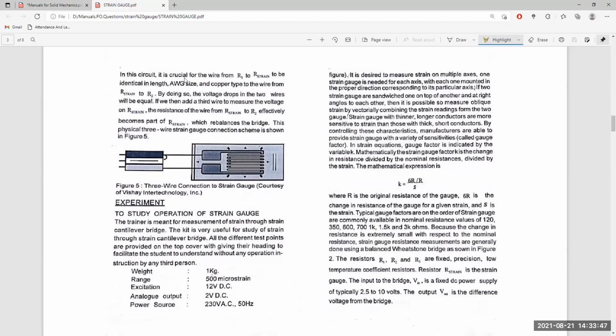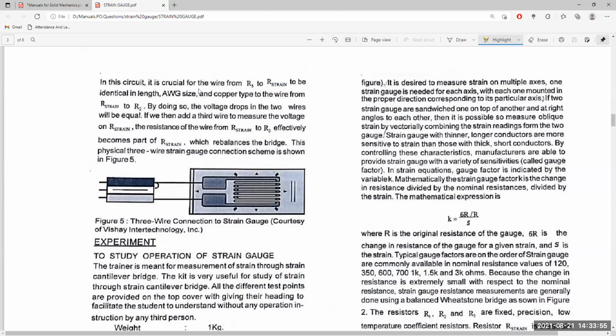In this circuit, it is crucial for the wire from R2, R3 to R strain to be identical in length, AWG gauge and copper type to the wire from R strain to R2. By doing so, the voltage drops in the two wires will be equal.